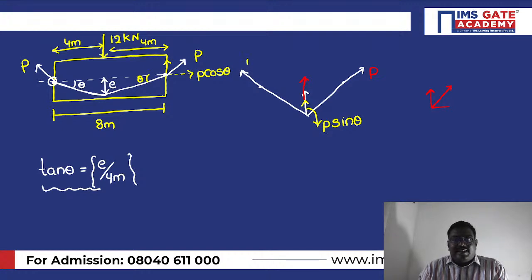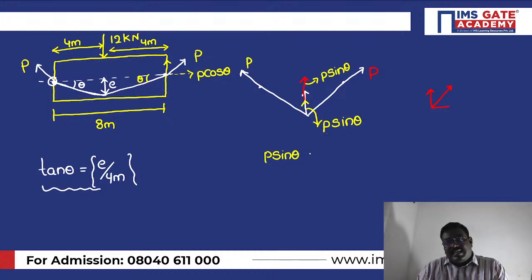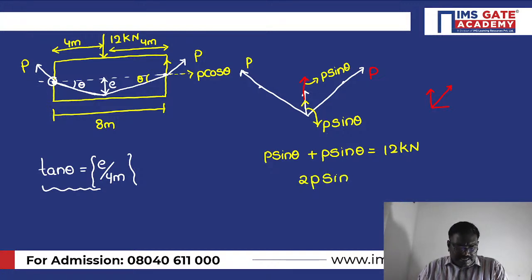Here also we have another pre-stressing force that will also be equal to P sin theta. So the upward force is P sin theta plus P sin theta, which is equal to 12 kilonewton. So I can write 2P sin theta is equal to 12 kilonewton.